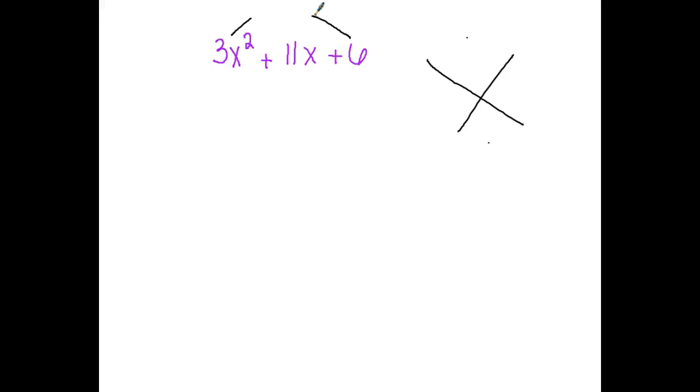So it's going to be 3 times 6, which is 18. So it's 18 on top, 11 on bottom. So we have the factors of 18 that sum to 11. Okay, Jonathan? 9 and 2. Good.